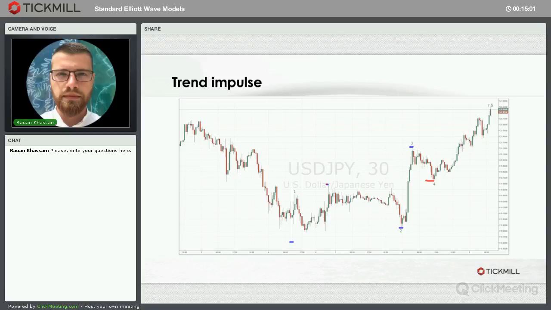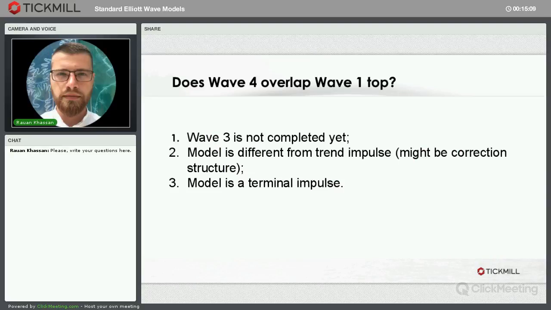If you're already familiar with Elliott Wave Theory, you may probably notice that one of the main questions that appears when analyzing wave structures in currency instruments is, what should we do if wave 4 overlaps the top of wave 1?